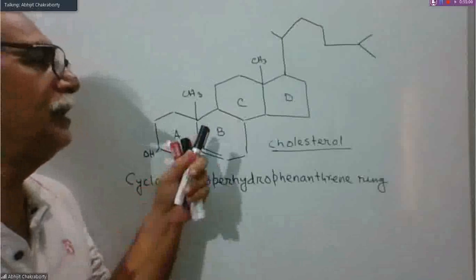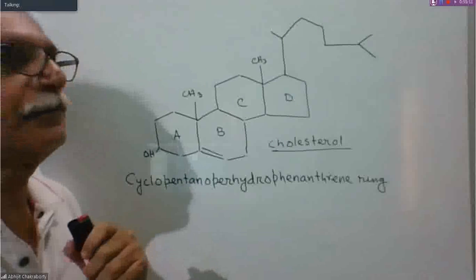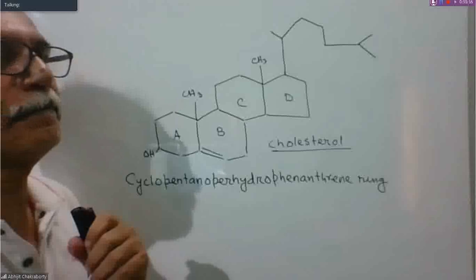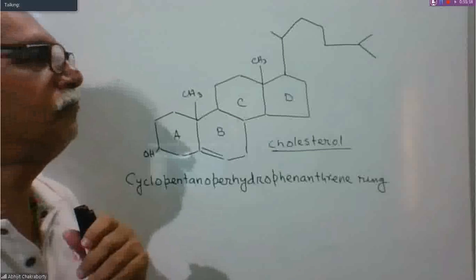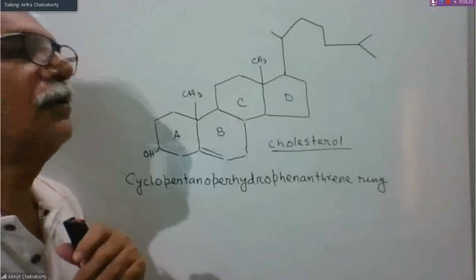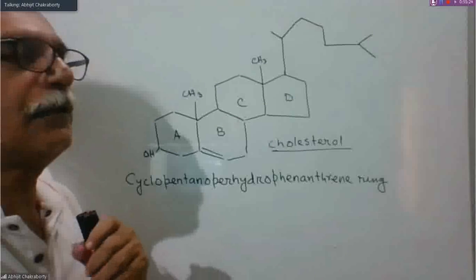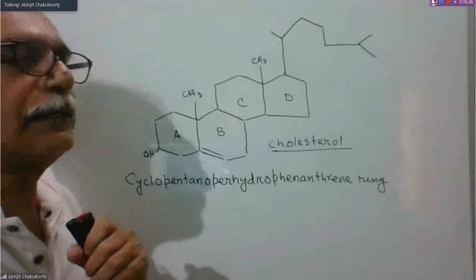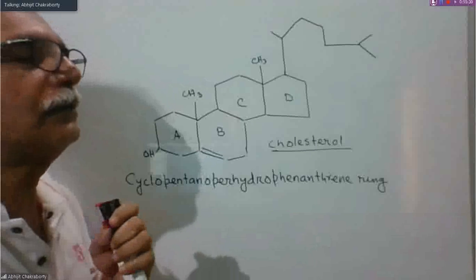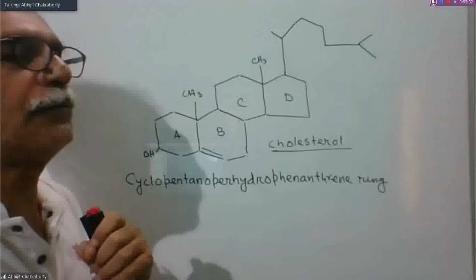Now this is the structure of cholesterol. Say the line once: whenever an 8-carbon aliphatic chain is added to the steroid nucleus, cholesterol is formed.